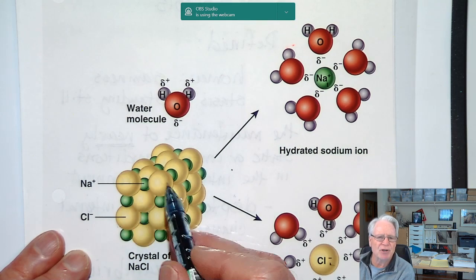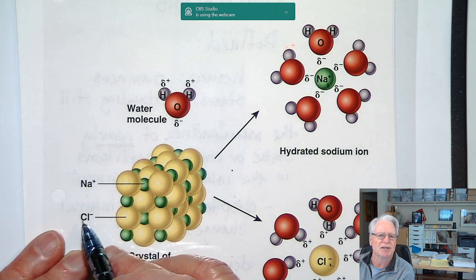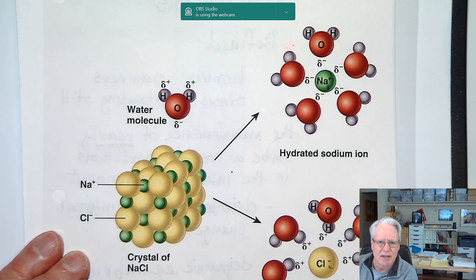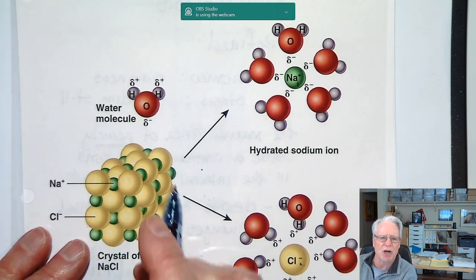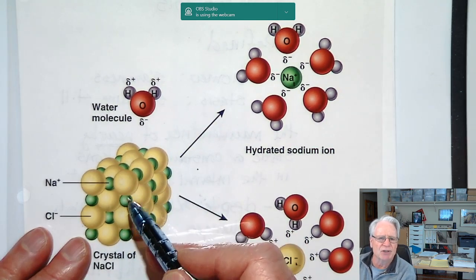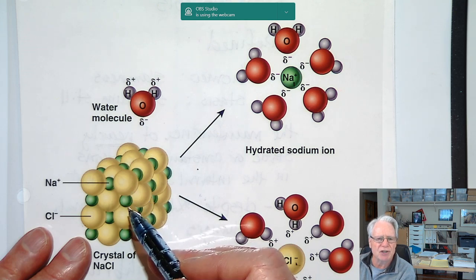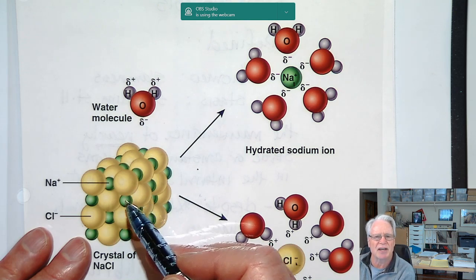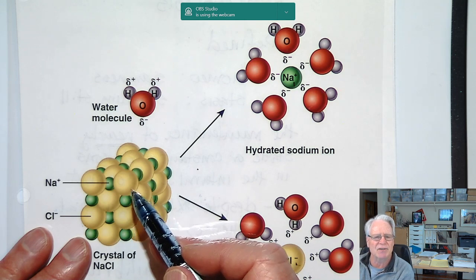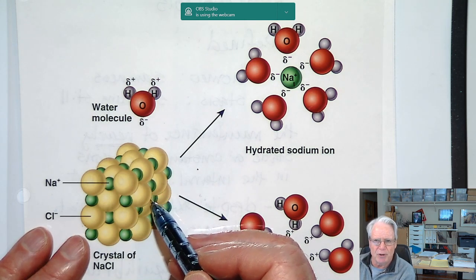But what happens if we don't use water? What if we have something that has a charge, such as a sodium ion or a chloride ion? Well, what's going to happen is when you drop this salt into the water, the molecules which are attracted through ionic bonds will disassociate. So they will break apart because the ionic bonds are not weak enough to hold them together in a salt crystal when you put it in water.